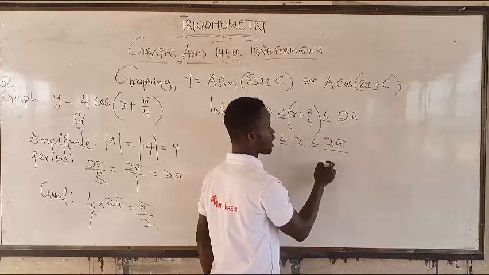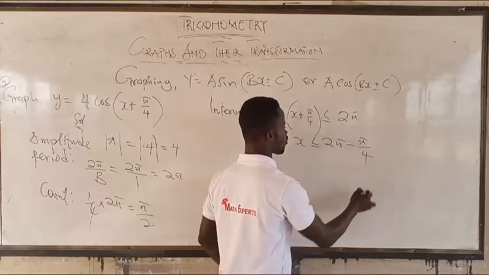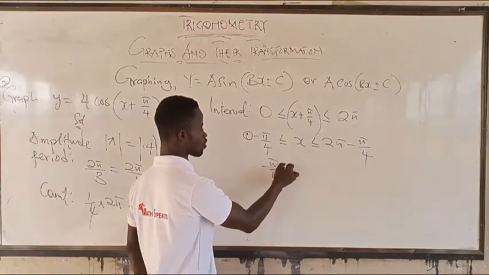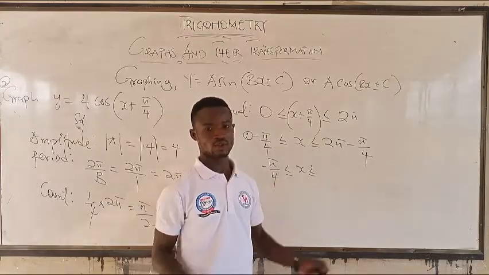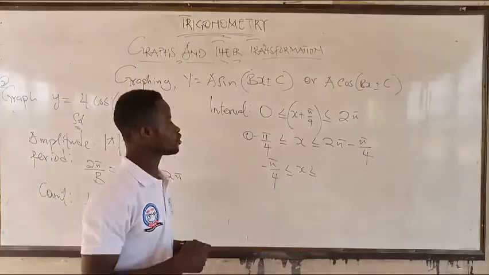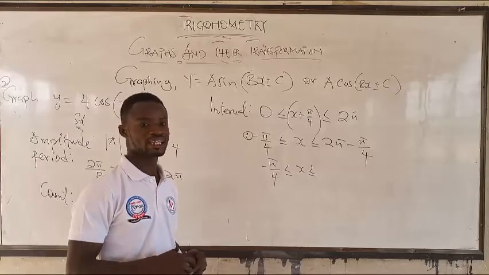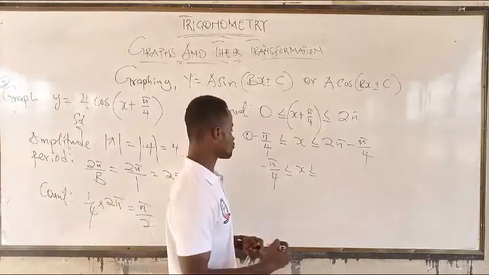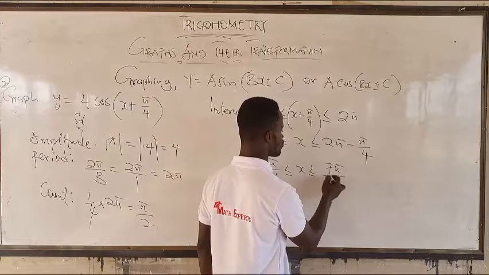2 pi over minus pi over 4. Alright, so that's what we're going to get. And this is going to be negative pi over 4. Alright, x. And here, this one too is going to give you, when you subtract pi over 4 from 2 pi, 7 pi over 4.